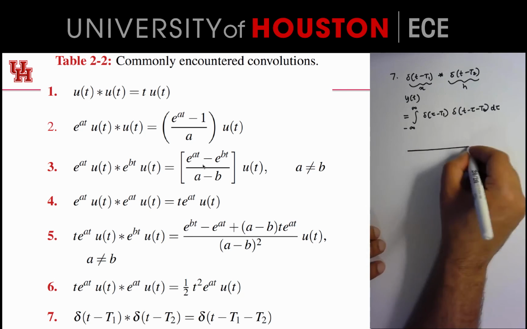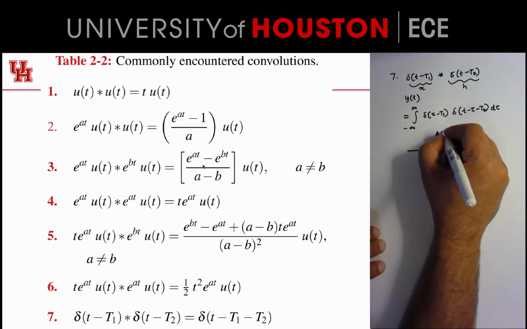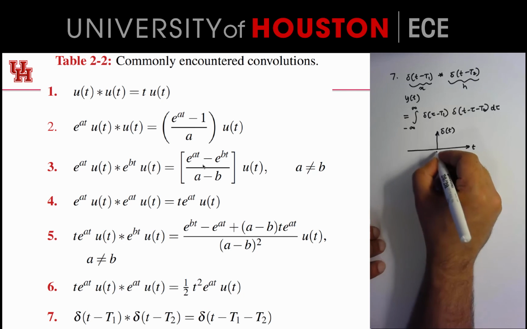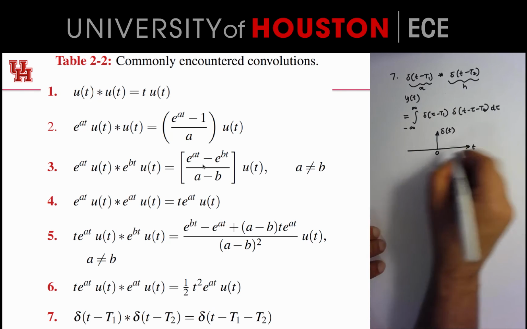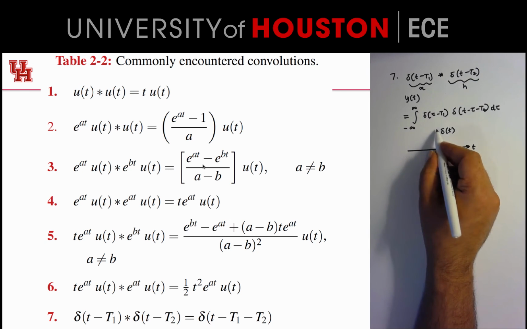Now, a delta function is 0 everywhere. So suppose I write delta of t. This guy is 0 everywhere except at the place where this argument t goes to 0. At that point, it tends towards infinity.